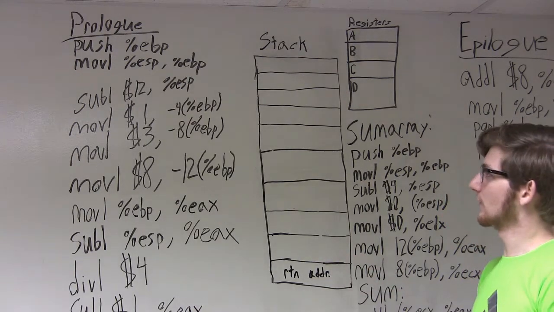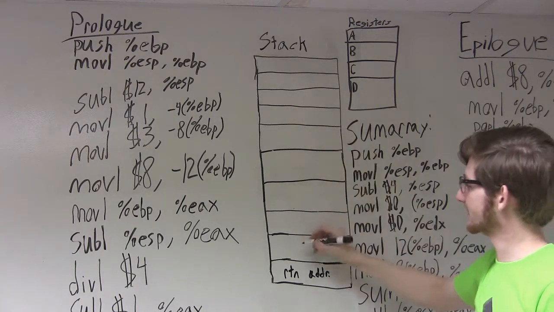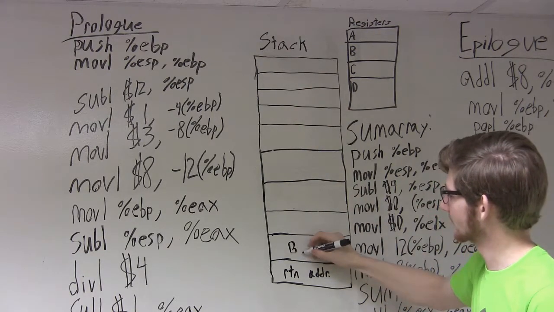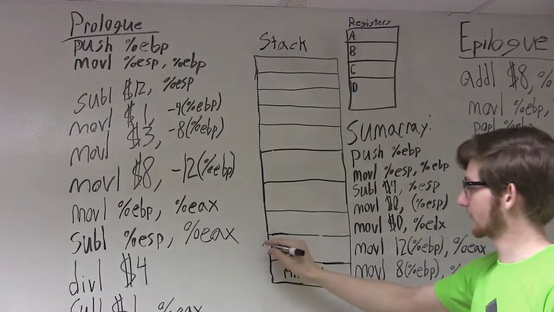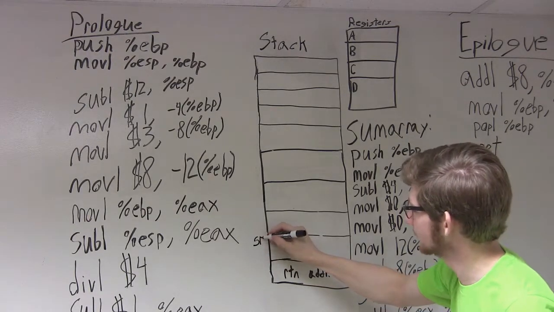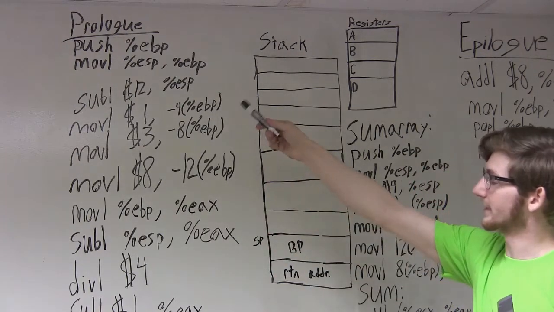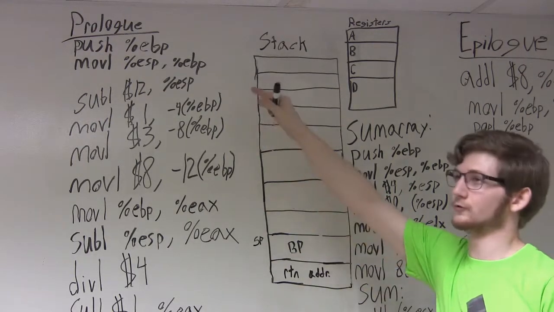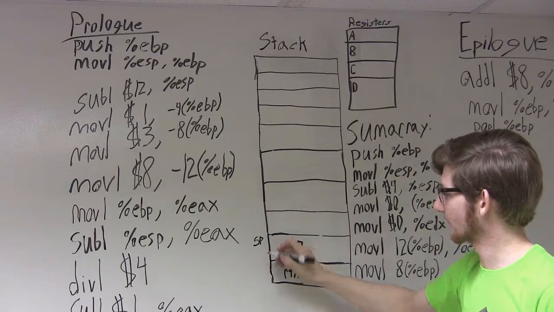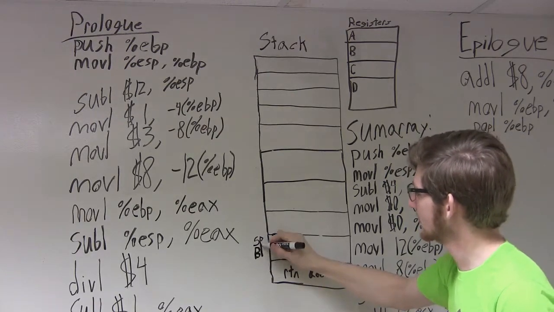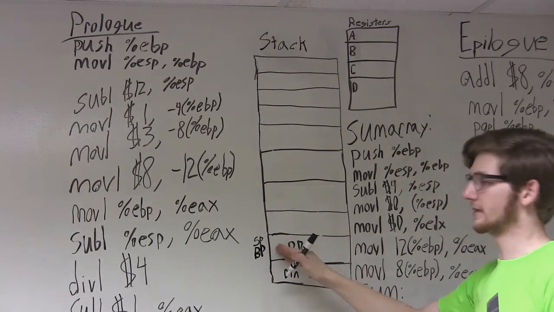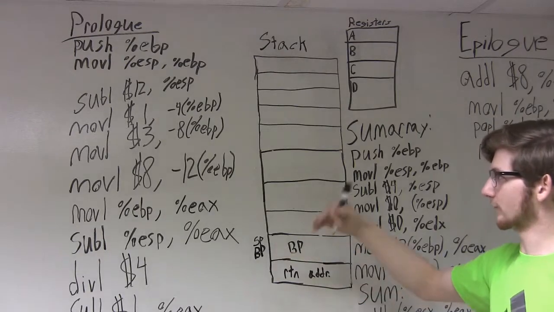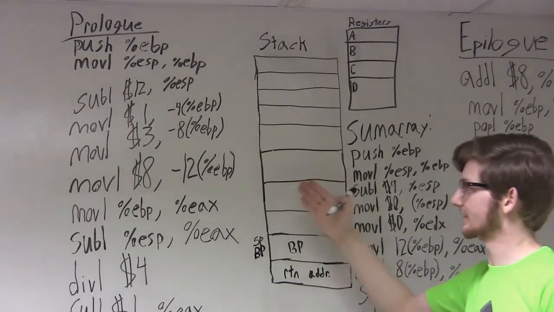The first part of our prologue is going to be pushing EBP, the base pointer, making that the next item on our stack, which is currently going to be where the stack pointer is pointing to, and we are then going to be moving the value, the address of the stack pointer, this location, into the base pointer, making the base pointer point here as well. We are going to be leaving the base pointer here to act as a reference for following declarations and such.